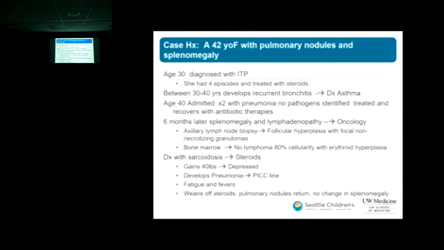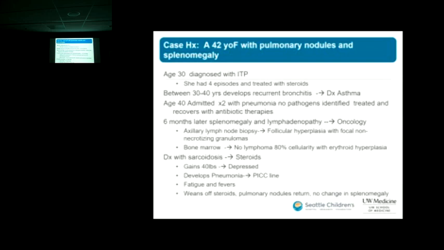And then after that, she started having a lot of problems with bronchitis, and so she gets diagnosed with asthma. She gets placed on inhalers. And then one time, she gets admitted for 1 episode of pneumonia. But there's no pathogens. She responds well to therapies. And about 6 or 7 months after that episode of pneumonia, she starts developing lymphadenopathy and splenomegaly.